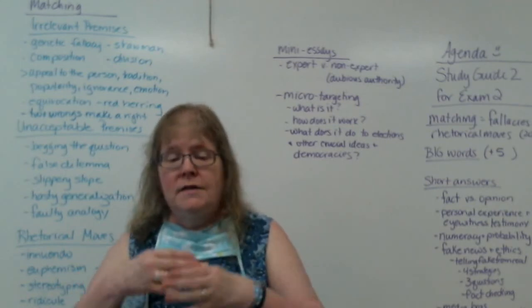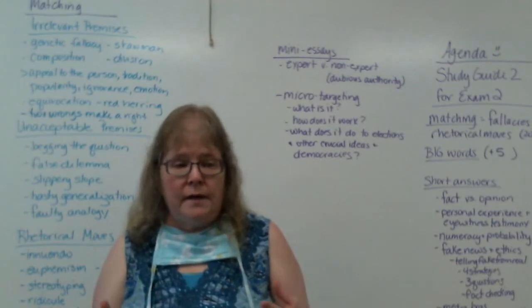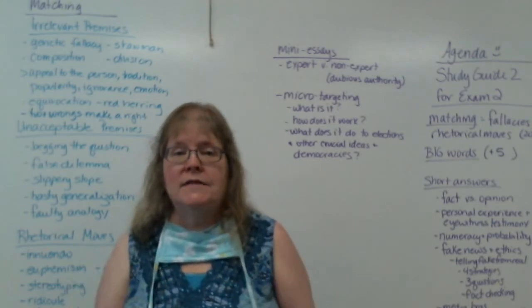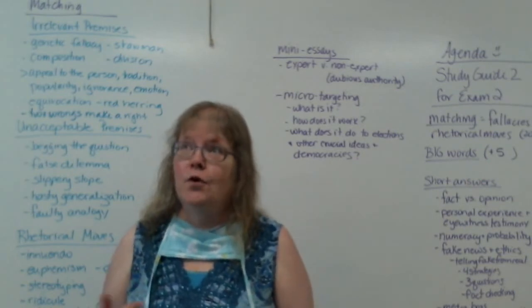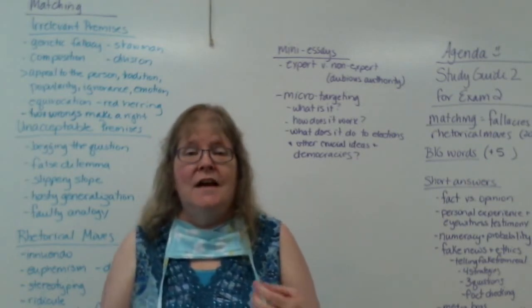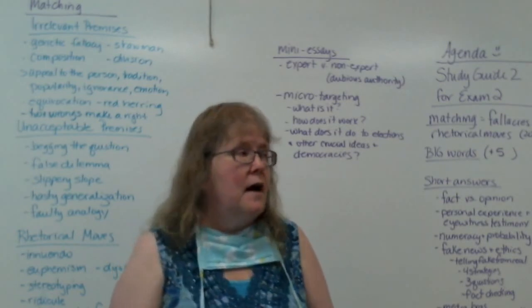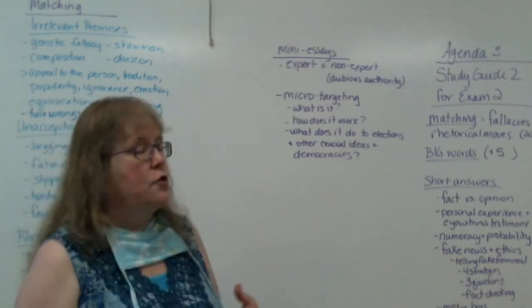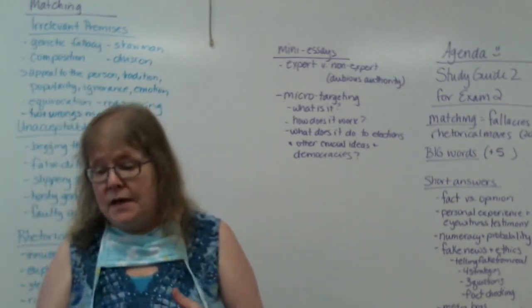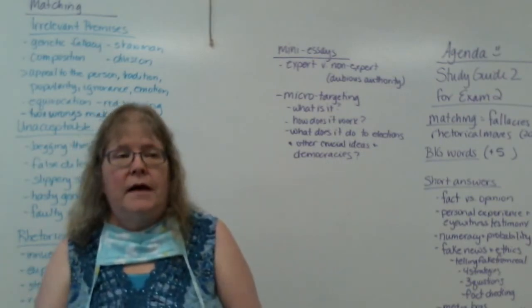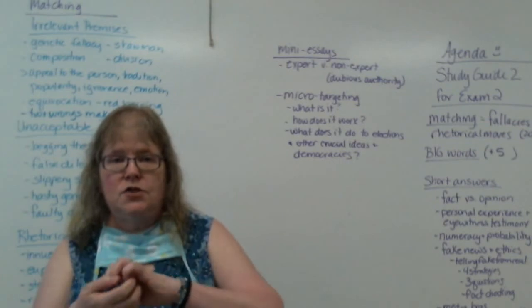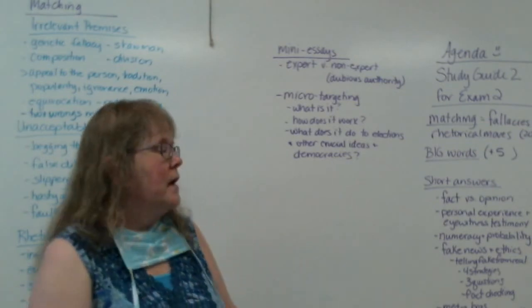Now, if you did really well, you got an A or B on the first test, by all means, continue what you're doing. If you weren't happy with your grade on the first test, then maybe you should adjust a little bit. I give you a study guide so you know what to focus on in the test, because we have over 100 pages of stuff to condense into a test you can do in one sitting.